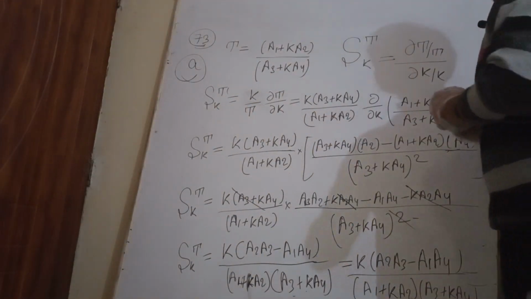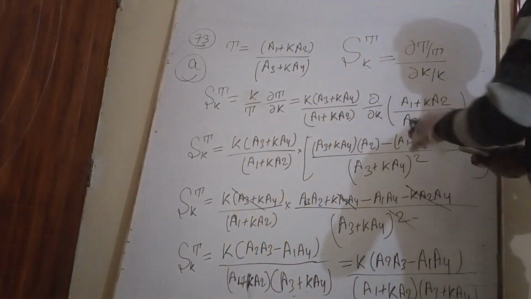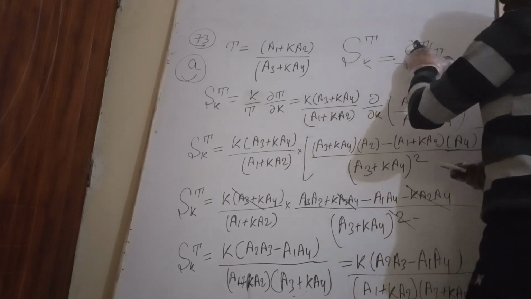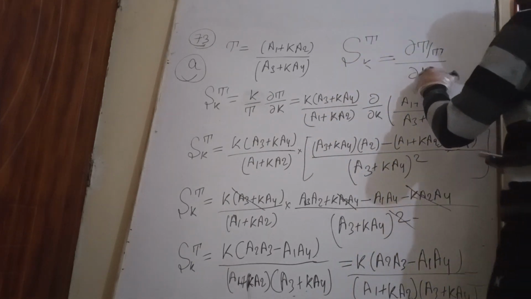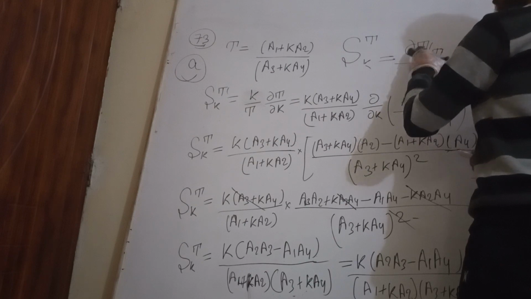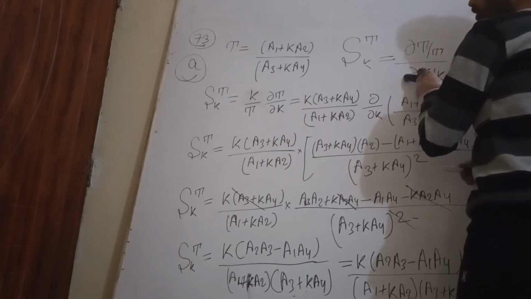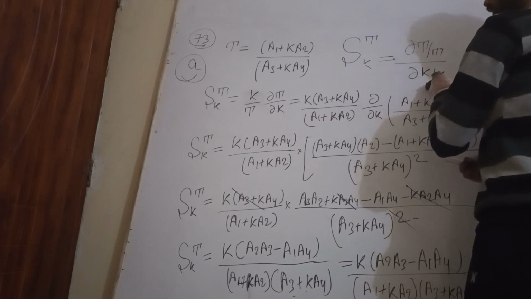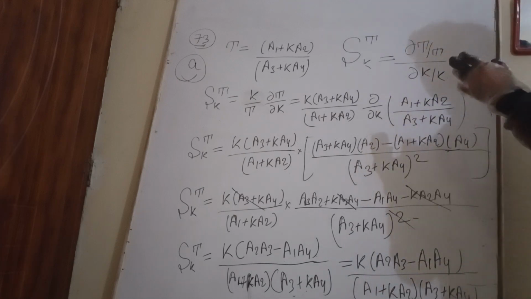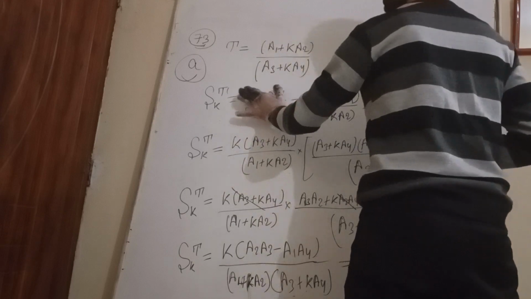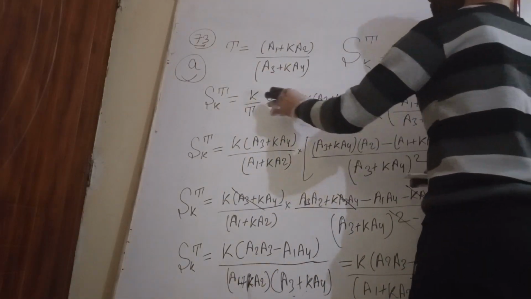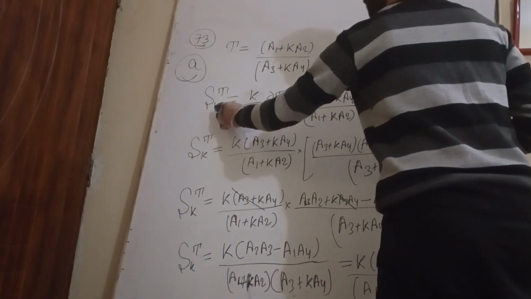So nothing more is there for sensitivity. As we know very well, sensitivity S_k^T is nothing but (dT by T) divided by (dk by k), the percentage change in transfer function with respect to the percentage change in the feedback factor. So this is overall the sensitivity of transfer function with respect to parameter k.